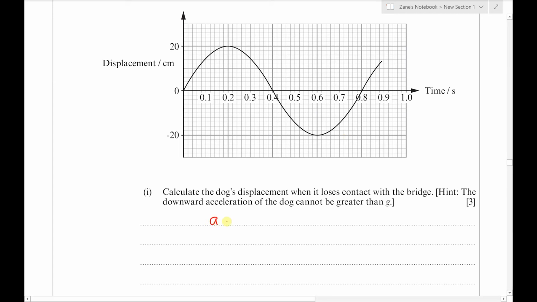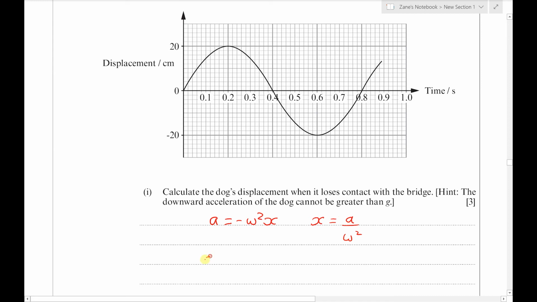The equation that relates acceleration and displacement is the one coming from the definition of SHM, that a is equal to minus omega squared x. Since we know that the displacement is going to be negative, we can ignore the minus sign and rearrange this to give x equals a over omega squared.